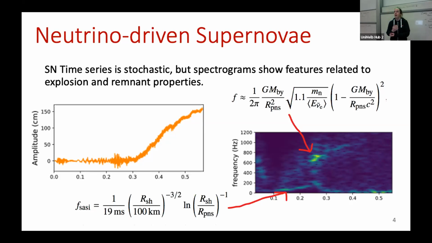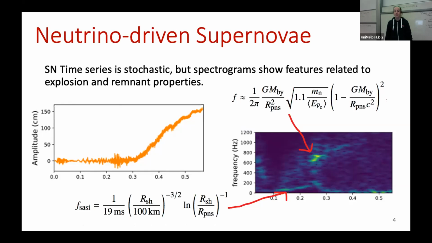The majority of these simulations so far in 3D have been for regular mass supernovae, and by that I mean between say 12 and 20 solar masses zero-age main sequence mass, and they have this neutrino-driven explosion mechanism, and we don't include rotation, and we don't include magnetic fields. Because we have quite a few of these type of simulations now, we've started to learn some things about the gravitational wave signal from these typical supernovae.